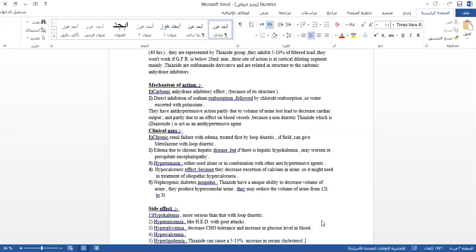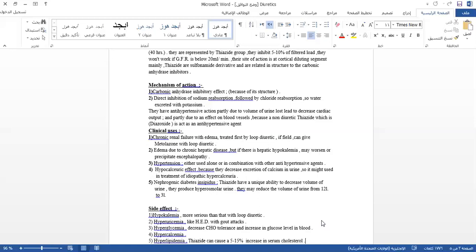So they are useful to treat idiopathic hypercalciuria by decreasing calcium excretion in urine. Whereas we mentioned that loop diuretics enhance excretion of calcium and can be used for treatment of some cases of hypercalcemia with normal saline.